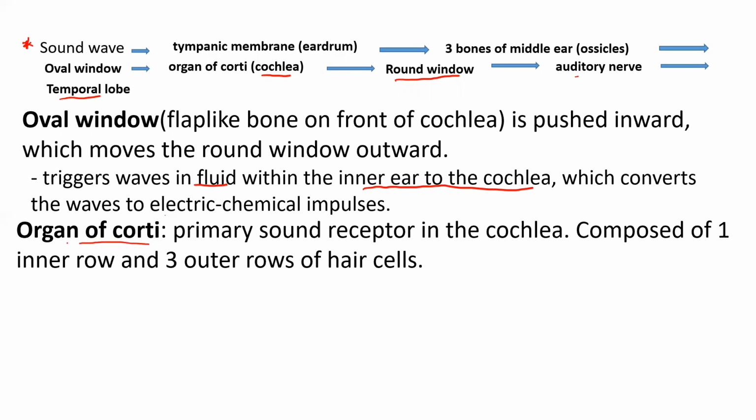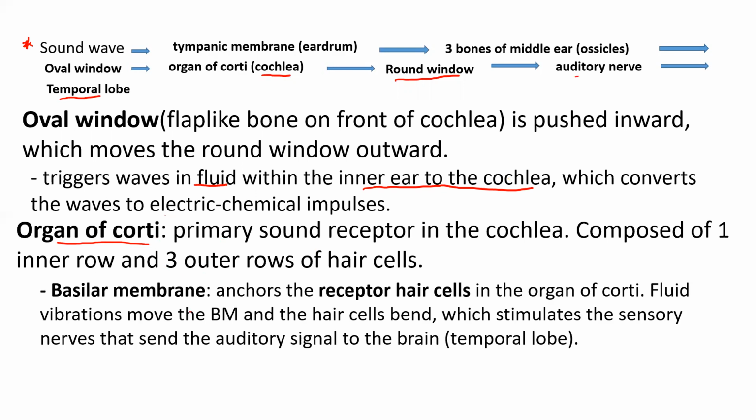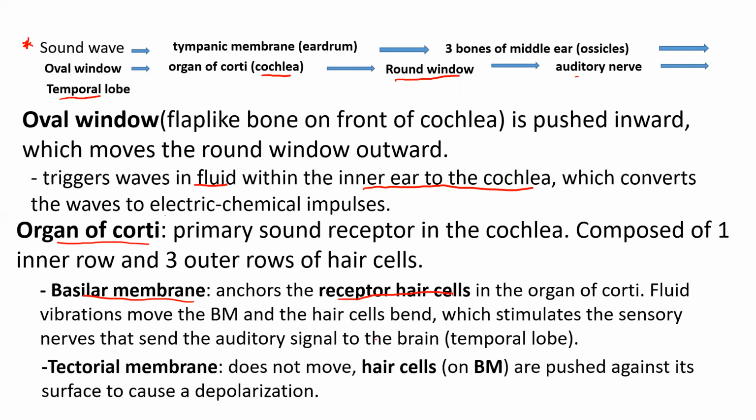This organ of Corti contains the sound receptors composed of one inner and three outer row hair cells. There's a basilar membrane, which anchors the receptor hair cells, and when they bend, they send impulses down to the temporal lobe. The tectorial membrane does not move.